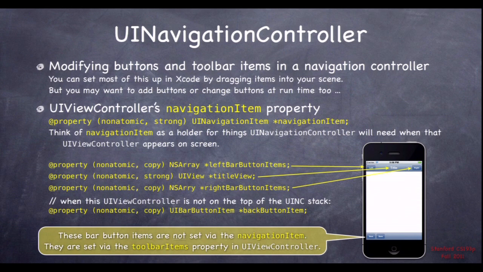So there are properties in navigationItem like leftBarButtonItem, which you would only set if it's the root view controller, because normally that's where the back button is. There's also backBarButtonItem, so that if you're not the root view controller, you can control what the back button item looks like, what image is in it or whatever. Some restrictions there on what the back button is allowed to look like. And the title can actually be a view.